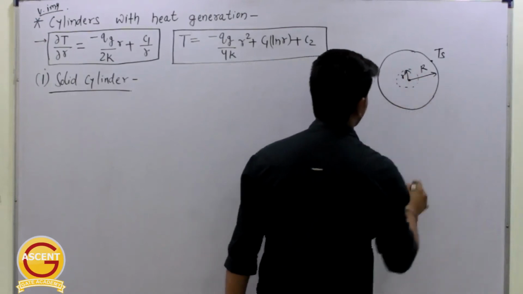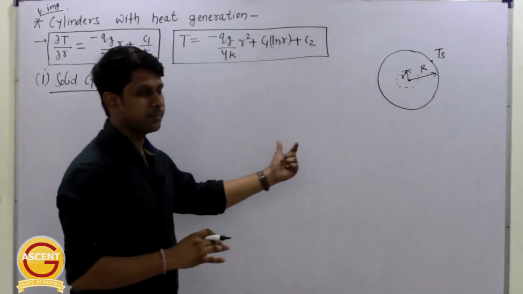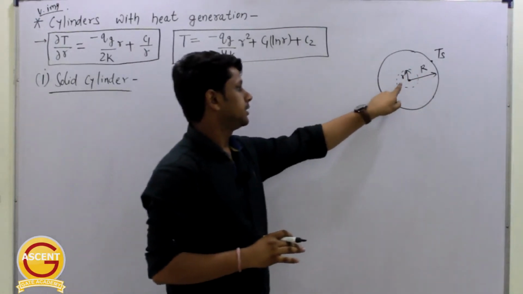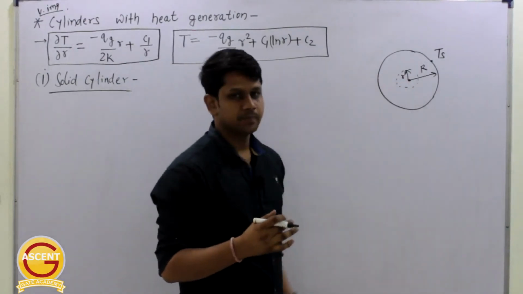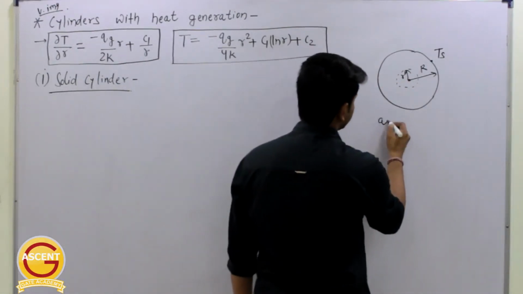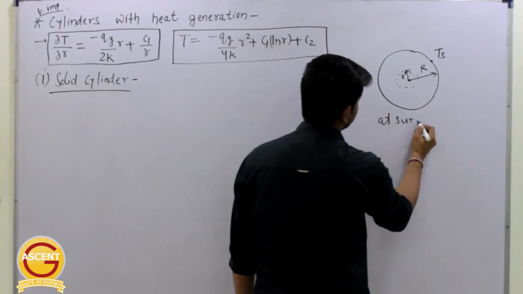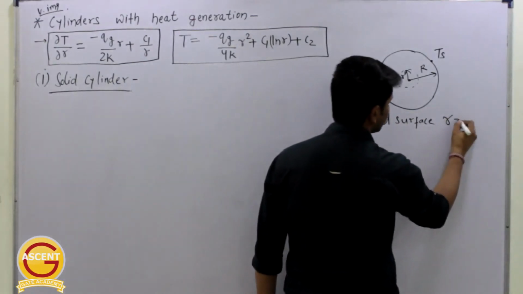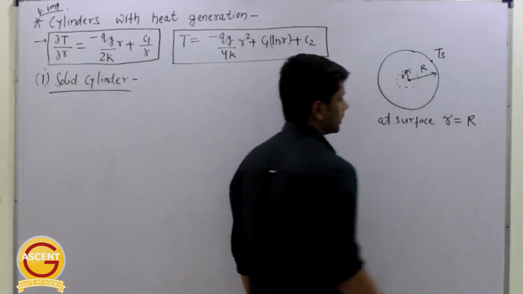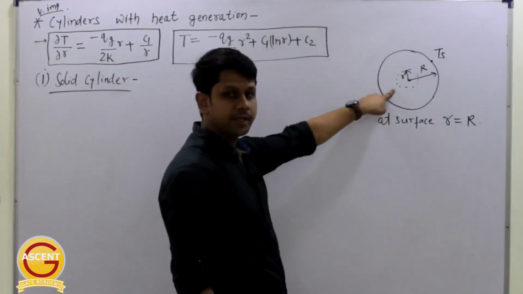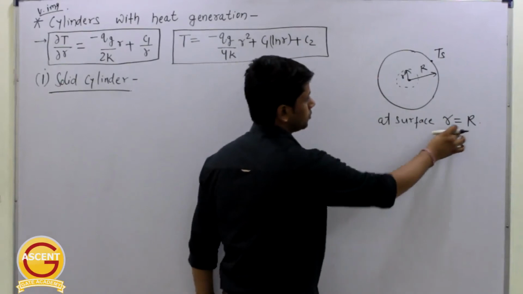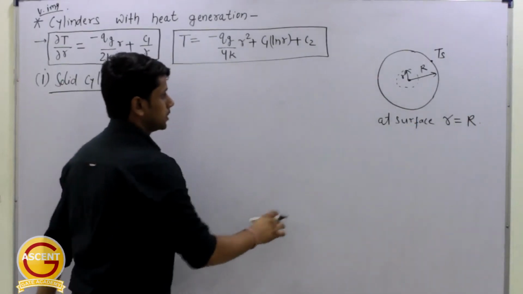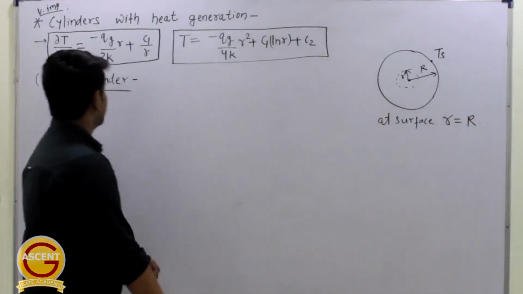So at whatever radius we want to calculate temperature or anything, we'll denote that by small r. So at surface, what will be the value of this small r? This small r will be equal to capital R, right? So small r can take any value from 0 to capital R. Okay, so this is our solid cylinder.